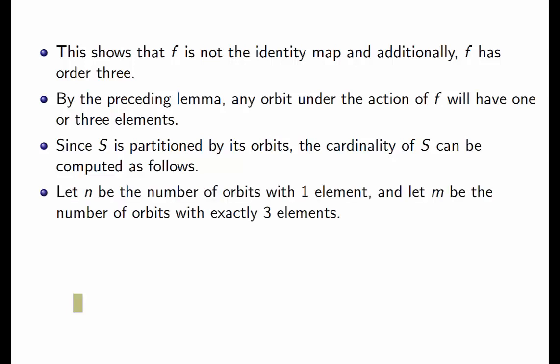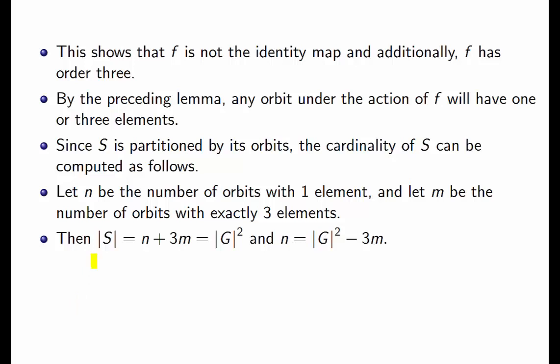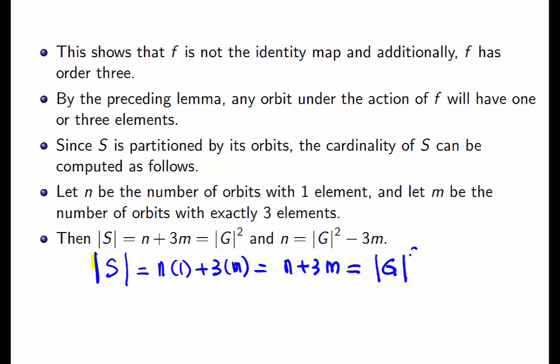Let n be the number of orbits with precisely 1 element, and let m be the number of orbits with exactly 3 elements. Then, because the orbits partition S, the cardinality of S is n times 1 plus 3 times m, that's n plus 3m. And we know the cardinality of S is the order of G squared. Solving for n gives that n is the order of G squared minus 3m.